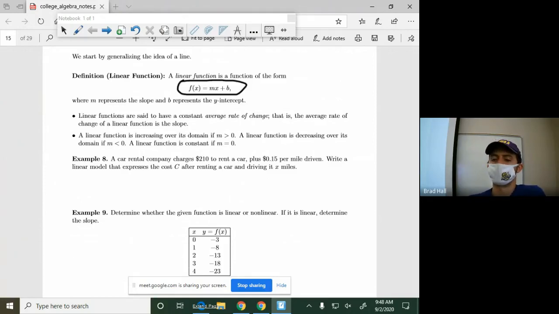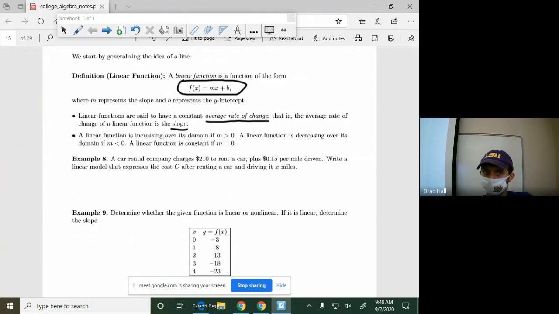A few notes that I have underneath that. The homework does mention something regarding the average rate of change, but it just so happens for a linear function that it's just the slope. So if you see something asking for the average rate of change, it's just asking for the slope. So don't let that one trip you up too much. Additionally, a linear function is increasing if the slope is positive.